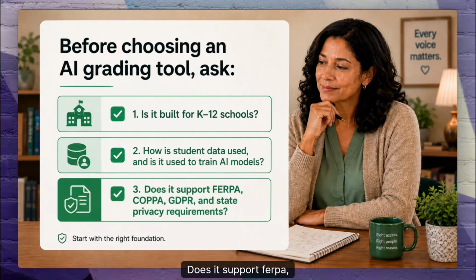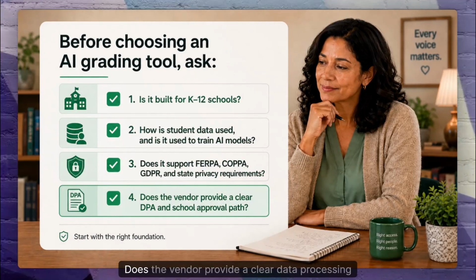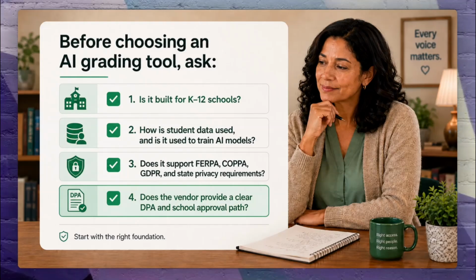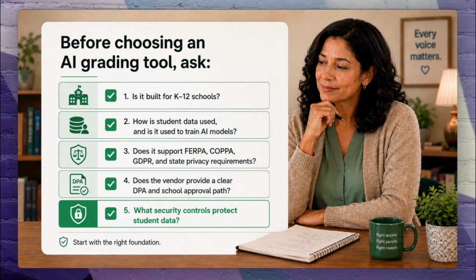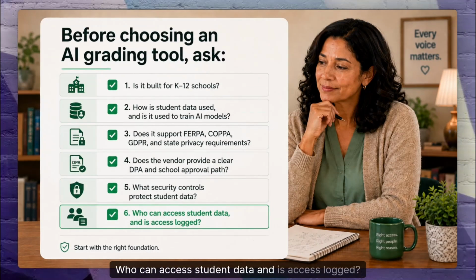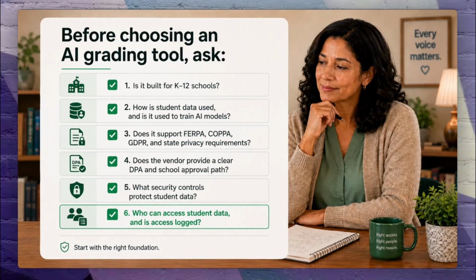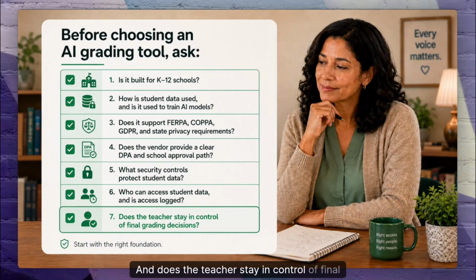Does it support FERPA, COPPA, GDPR, and state privacy requirements? Does the vendor provide a clear data processing agreement and school approval path? What security controls protect student data? Who can access student data, and is access logged? And does the teacher stay in control of final grading decisions?